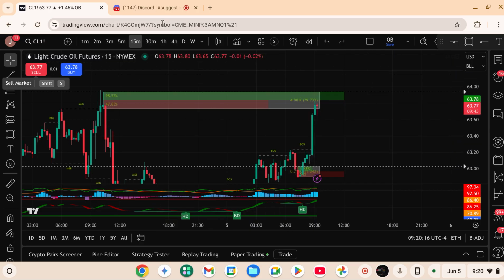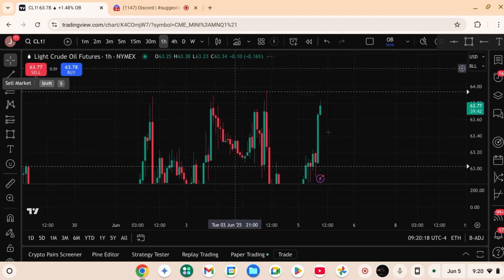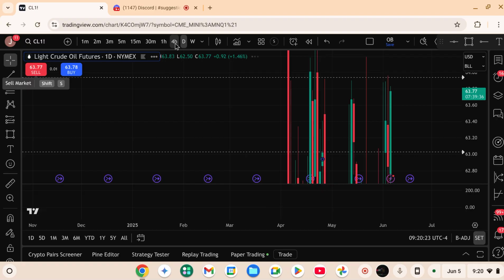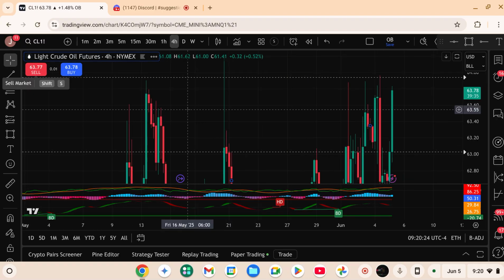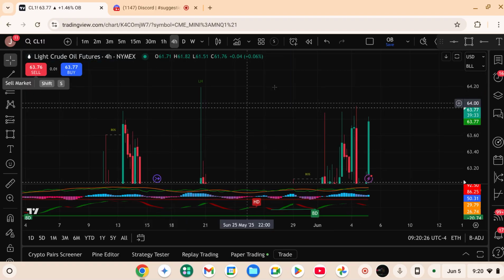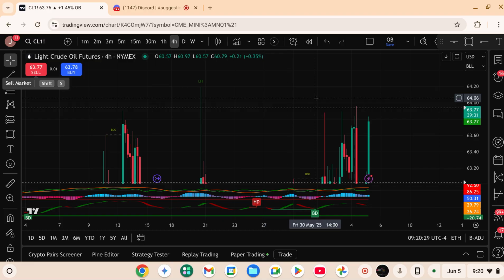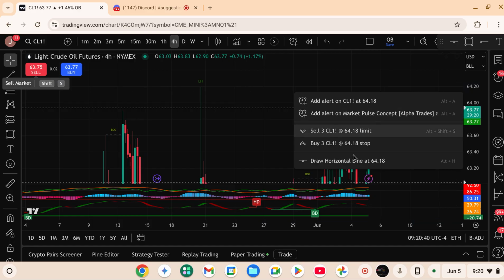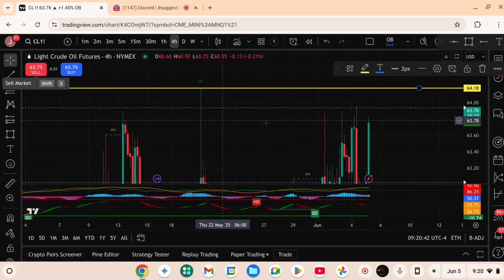So if it breaks this area, it is looking to target this wick. That's about a $1 move. So $1 on crude oil is actually a pretty decent move.